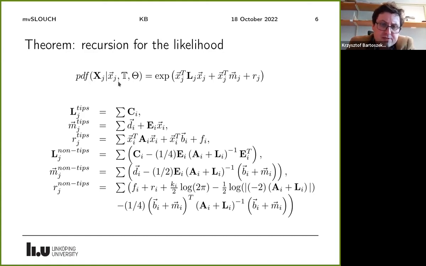And then one can do maximum likelihood, for example, for this origin that's conditional on the tree value.